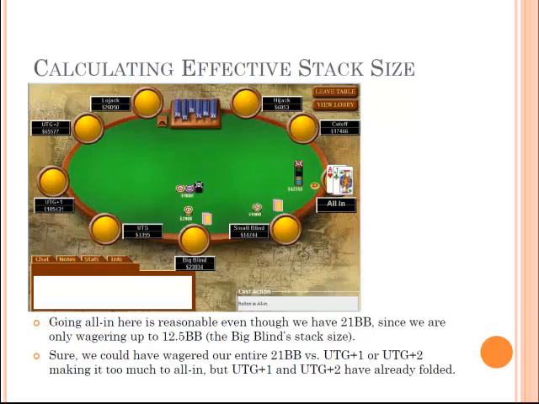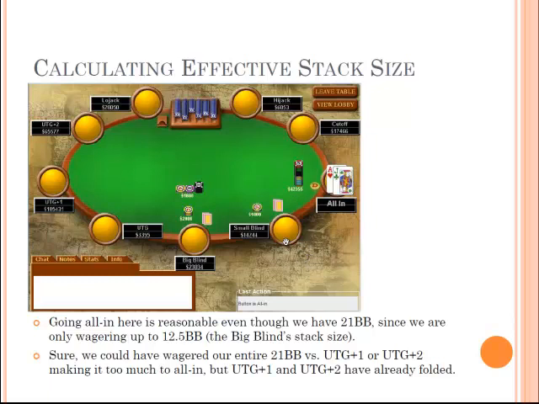But this is a fine play because our effective stack size is actually only 12.5 big blinds, because everyone else has folded and the big blind only has 12.5 big blinds. Does everyone see why we only have 12.5 big blinds as our effective stack size? And that's why going all in is fine.